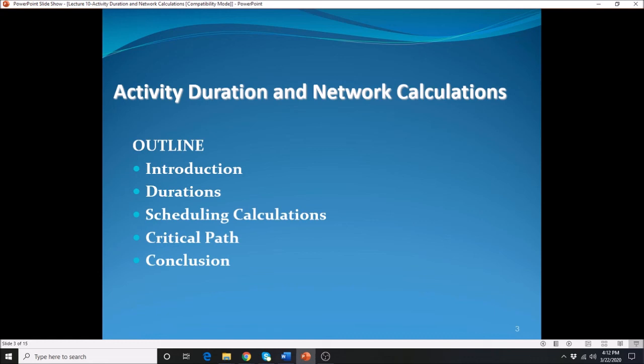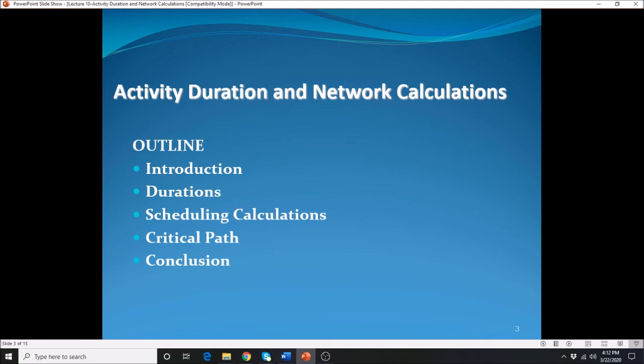So again, for you to be able to prepare the schedule, of course, you need to know first the different types of activities that come with the project. That's why you've learned about the WBS, the work breakdown structure, that allows you to break the project into manageable tasks or activities.